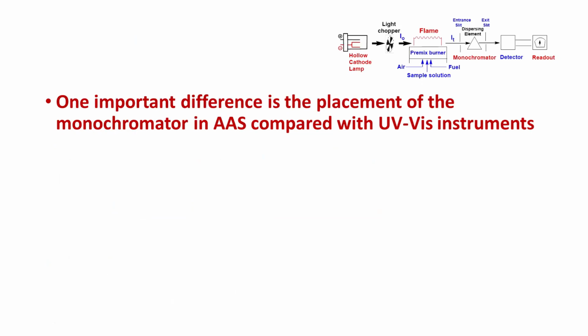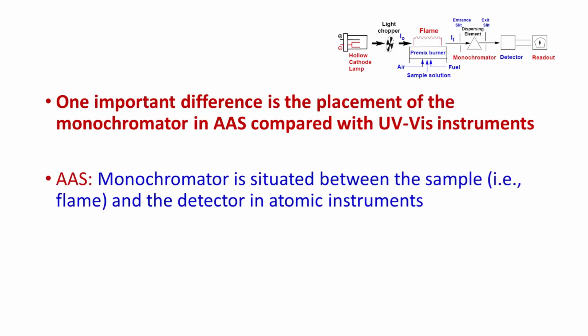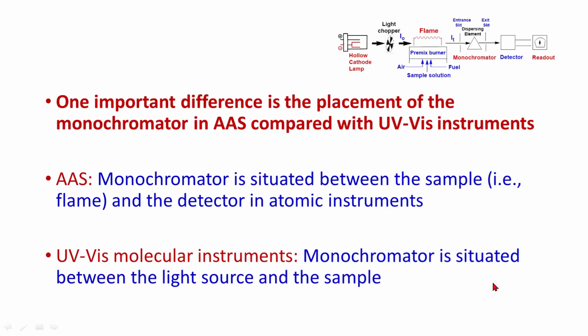One important difference is the placement of the monochromator in an atomic absorption spectrophotometer compared to UV visible instruments. In an atomic absorption spectrophotometer, the monochromator is situated between the sample, that is the flame, and the detector, whereas in UV visible instruments the monochromator is situated between the light source and the sample.